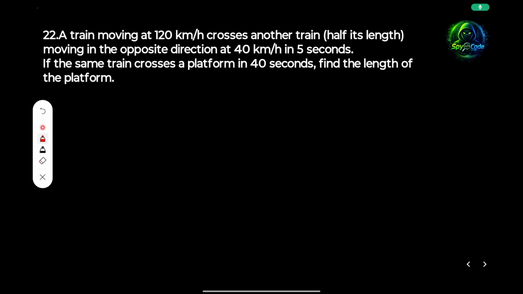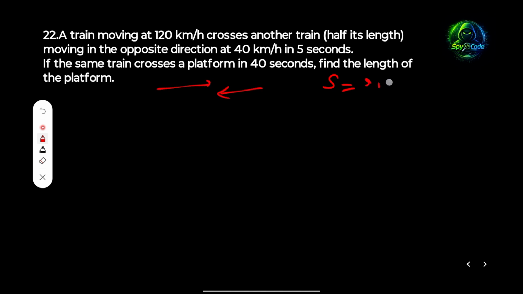So a train is moving at a speed of 120 kilometers per hour, crosses another train half of its length, moving in the opposite direction at 40 kilometers per hour in 5 seconds. If the same train crosses a platform in 40 seconds, find the length of the platform. Okay. So we know the speed here. So they are moving in the opposite direction.